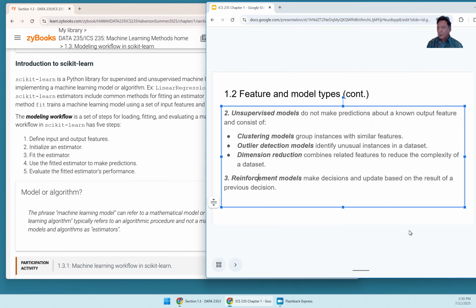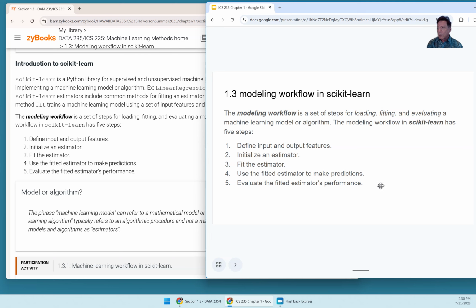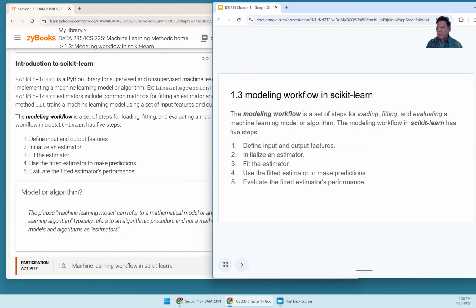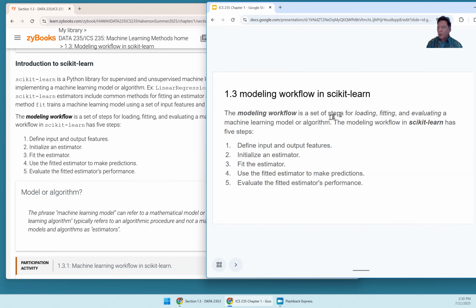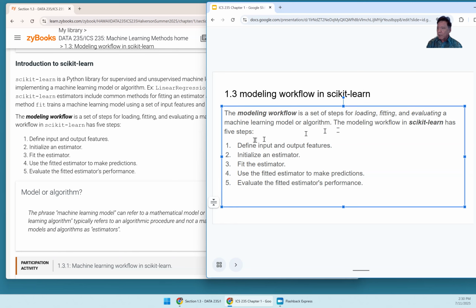Scikit-learn has a workflow, and it's how it works. First, it's a set of steps for loading, fitting, and evaluating a machine learning model.